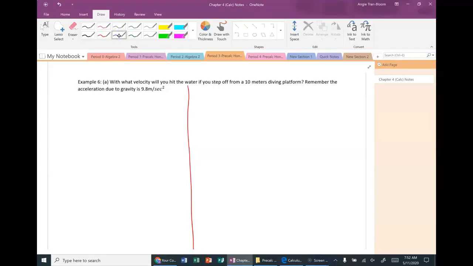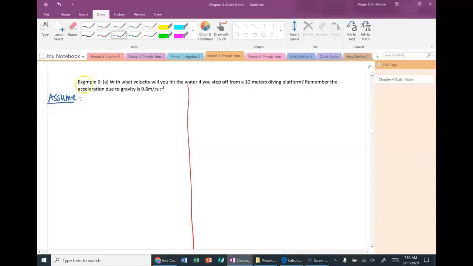Example 6, part A. With what velocity will you hit the water if you step off a 10 meters diving platform? Remember, acceleration due to gravity is 9.8 meters per second squared. No, you may not round it to 10 meters per second squared. So over here, we will have an assumption.